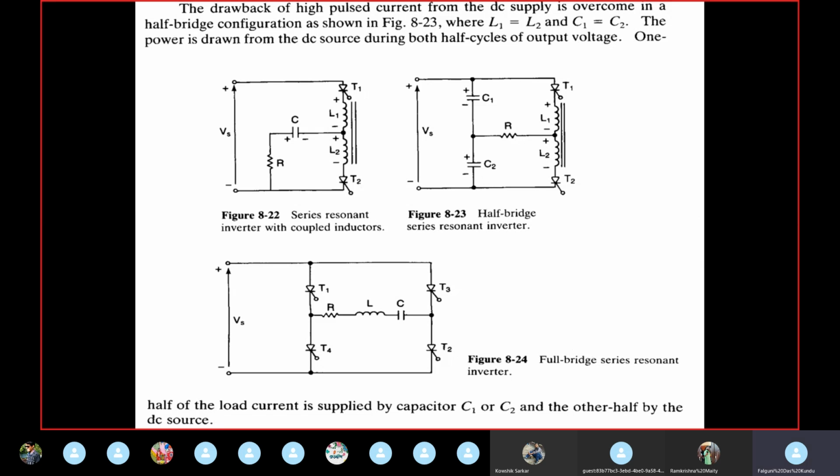Okay, so here the inductors are closely coupled, and when T1 is fired, the current IT begins to rise and the voltage across L1 will be positive.